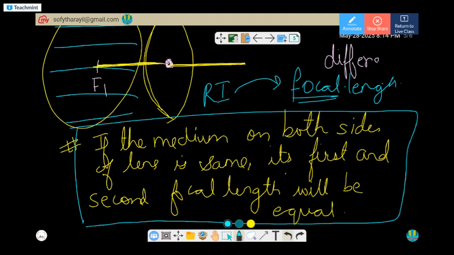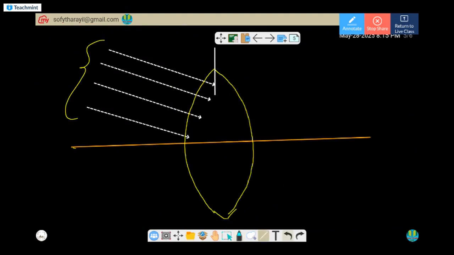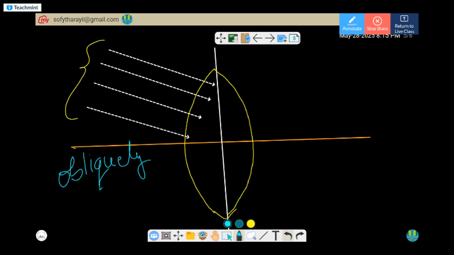So my question is, will they all meet at the focus? This is called obliquely incident. You get used to these words, obliquely incident.